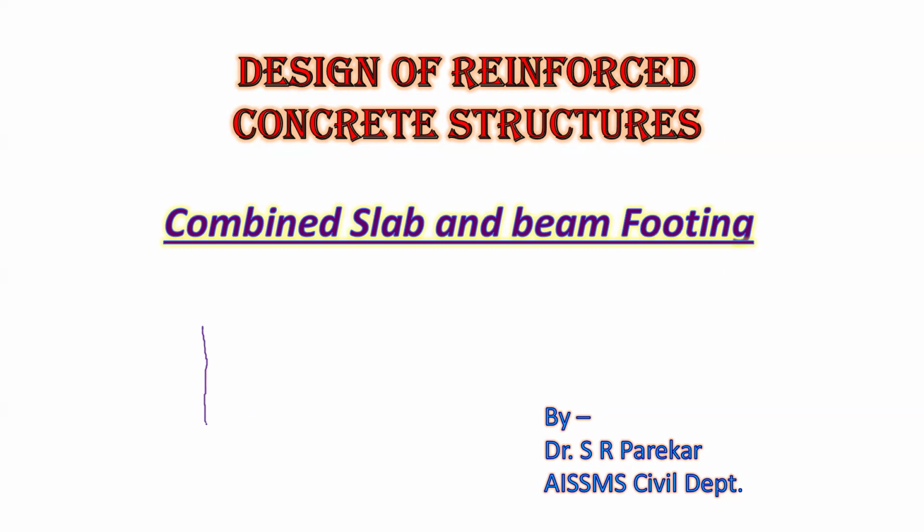In slab type footing, we have the slab throughout. Here we have the same arrangement, but the slab is designed to transfer moment. We have one column over here and another column over here, and for the column having the maximum depth, we provide the width of the beam equal to it.